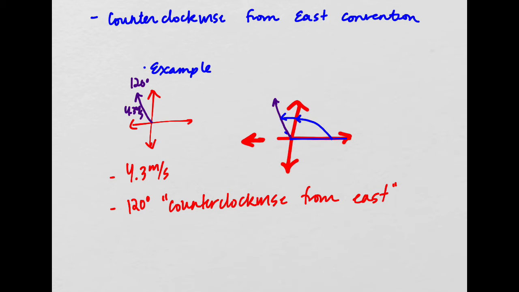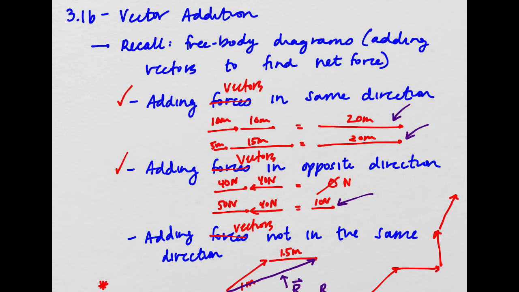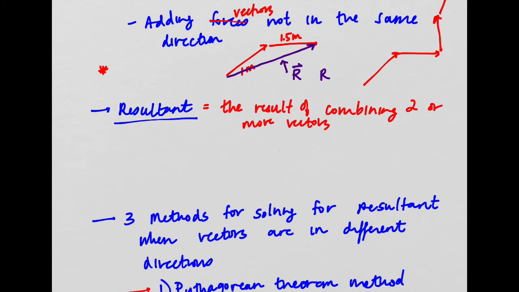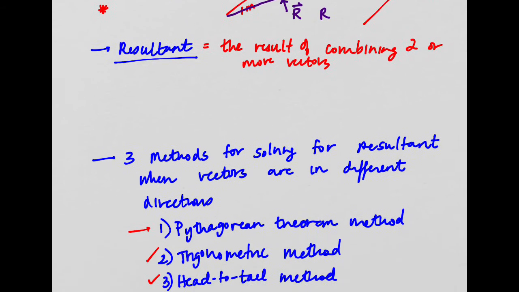Remember, that's where we start at east and we go counterclockwise from east, and we calculate the angle that way. We looked at vector addition. Remember, we can add vectors in the same direction, which we've done before. We can add them in the exact opposite direction, which we've also done before. But now what we're doing is adding vectors that are not in the same direction. And we're going to be adding vectors that make right angles. Well, not always right angles, but mostly right angles together.